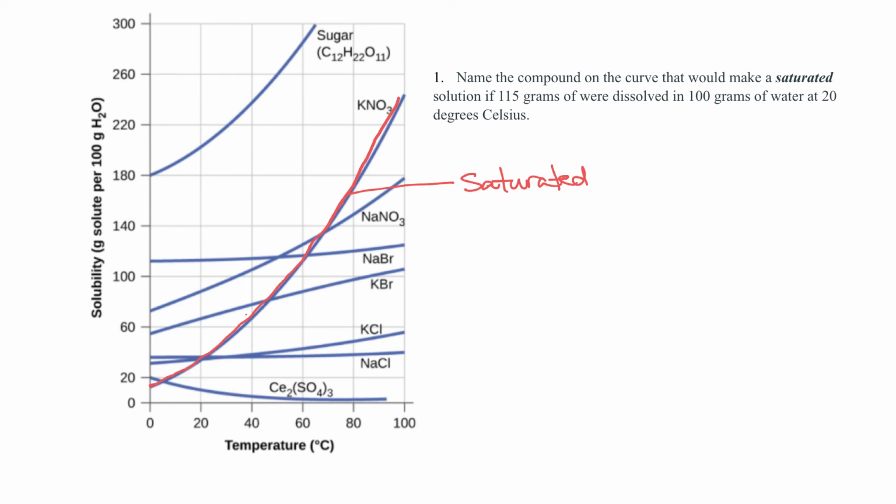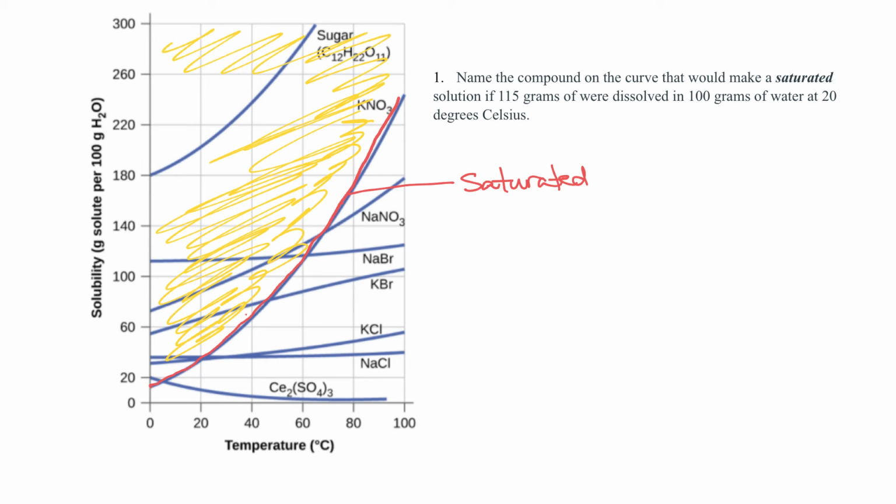Anything that falls in the area above the line for potassium nitrate is going to be supersaturated.